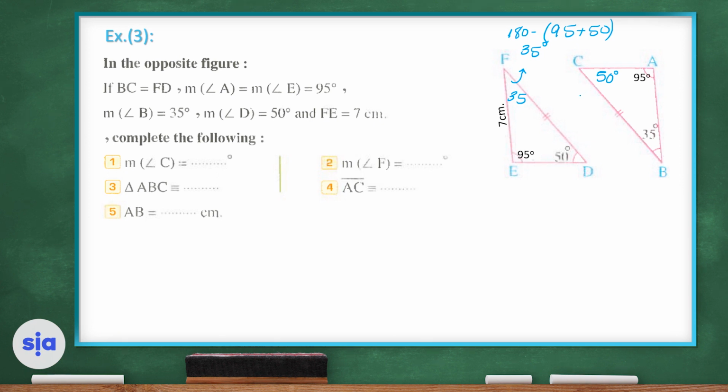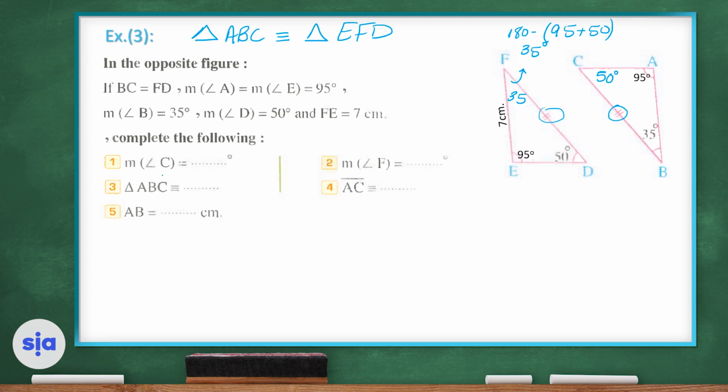So, from what we see here, 35 and 35, 50 and 50, and the side between them is congruent to the other side. So these two triangles are congruent, as triangle ABC is congruent to triangle EFD.